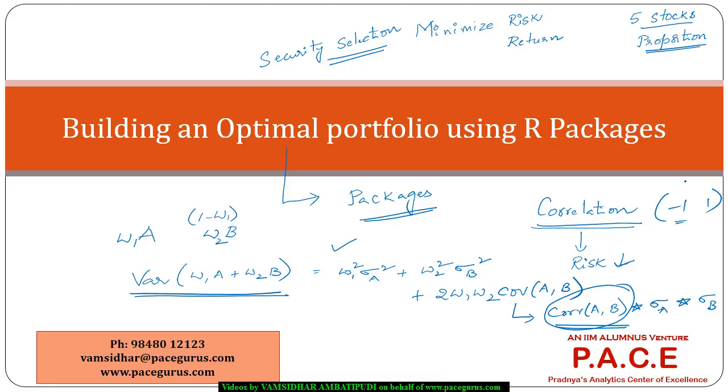But in reality, getting two securities with a correlation of -1 is very difficult. So what is that particular proportion or weightage which can reduce the overall variance of the portfolio is what needs to be understood.